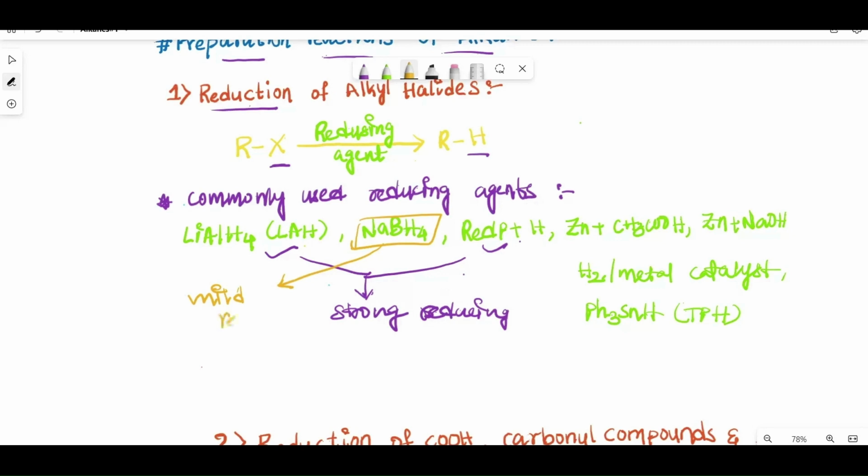Here NaBH4 is a mild reducing agent. NaBH4 doesn't reduce the primary halides. Let me write here.